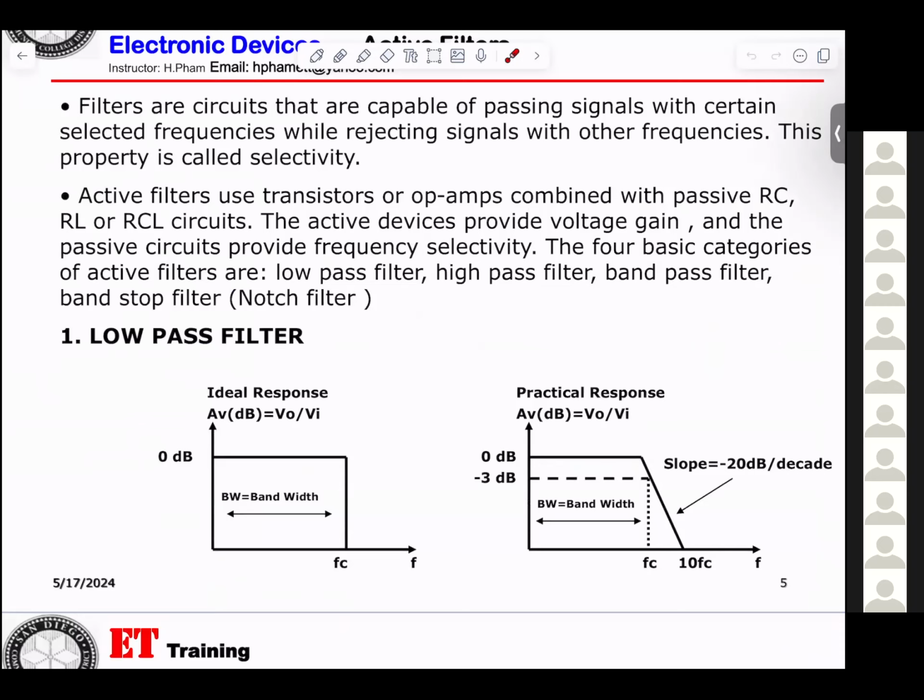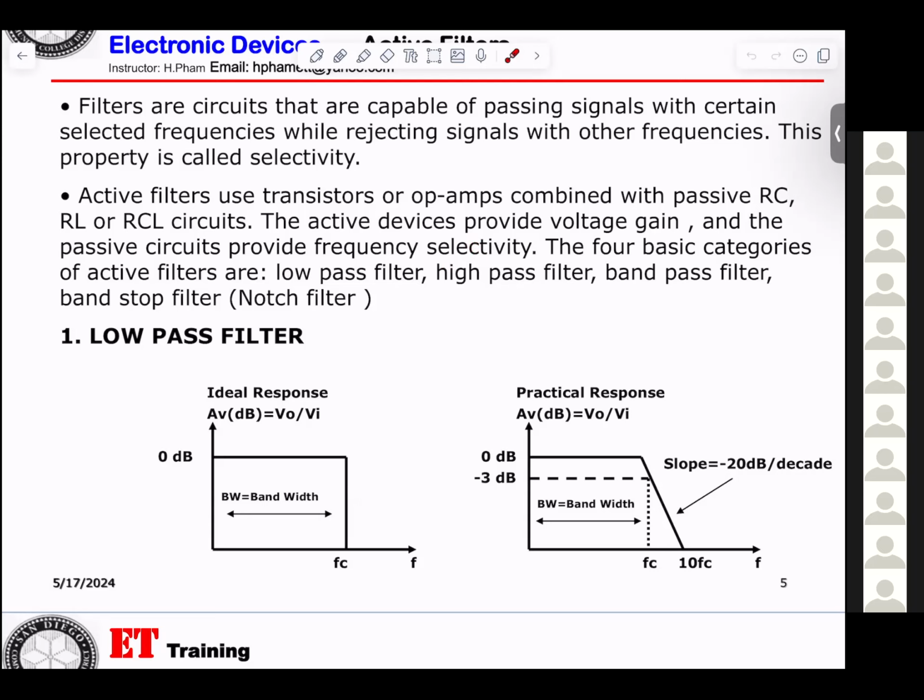First thing we're talking about is the low pass filter. An active filter is a transistor or op-amp combined with a passive RC, RL, or RLC circuit. The active device provides voltage gain, and the passive device provides frequency selectivity.